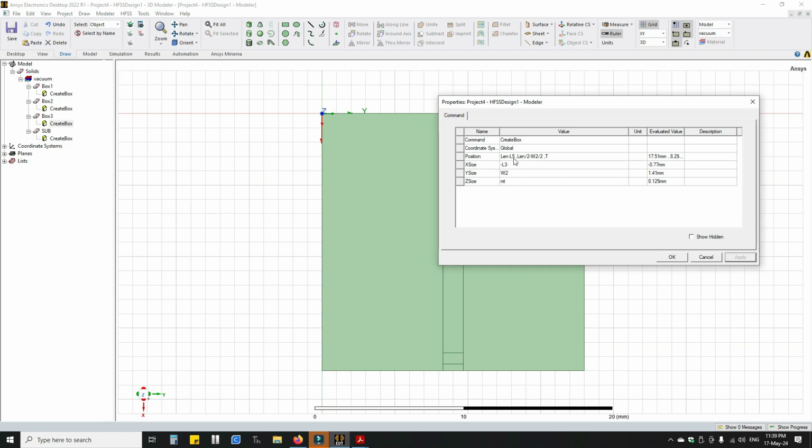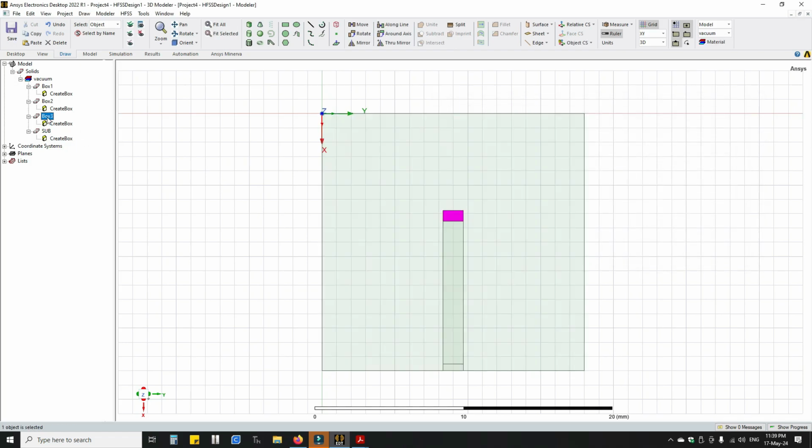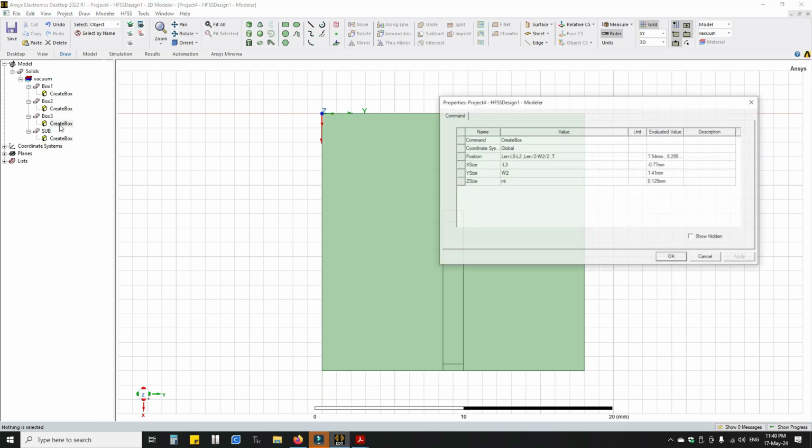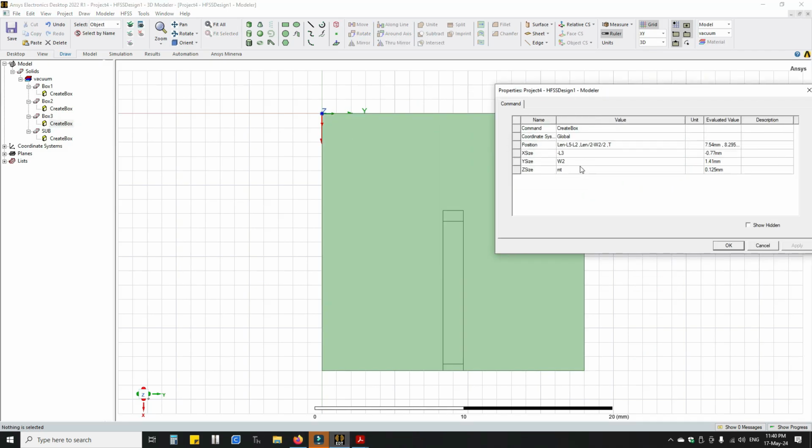Hit OK. Add here, it is L2. But as a tricky thing, we need to subtract from W2 the distance S2. Go to here, W2 minus S2.